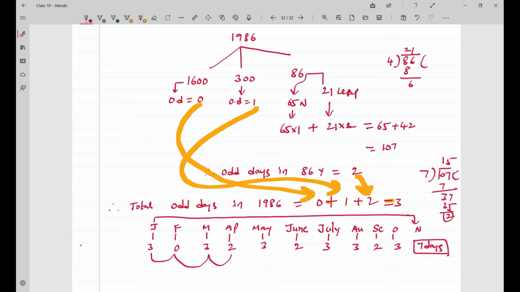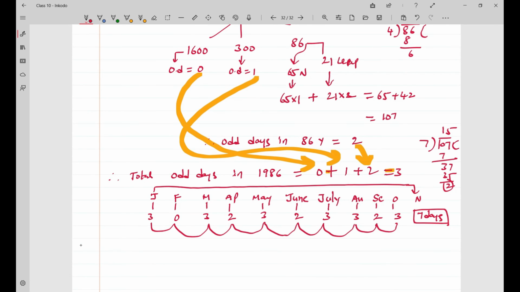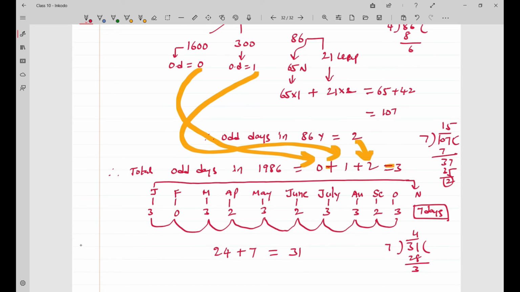Because it is a normal year. In a normal year there are 0 odd days. Plus 3 plus 2 plus 3 plus 3 plus 2 plus 3. Then we will get till October 24 odd days plus 7 days in November, that is equal to 31. Again 31 divided by 7, 7 fours are 28, we will get remainder 3.